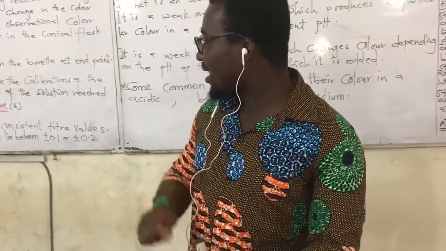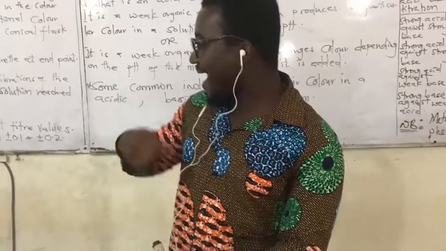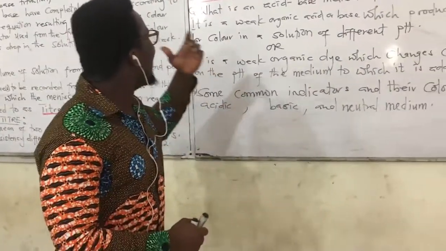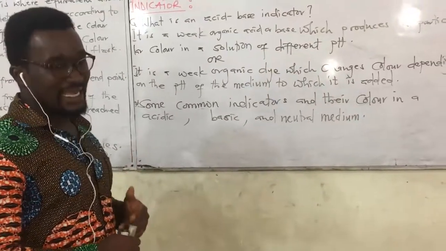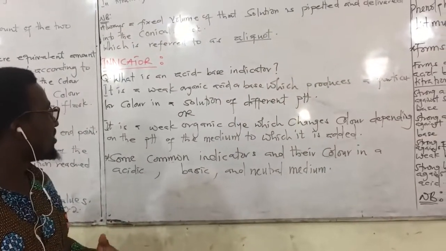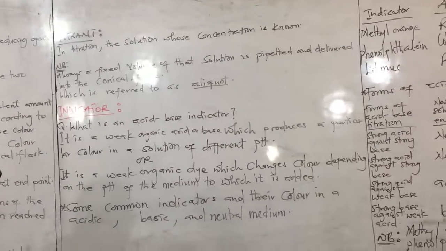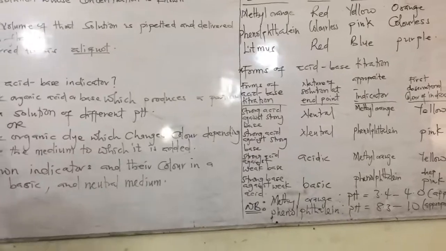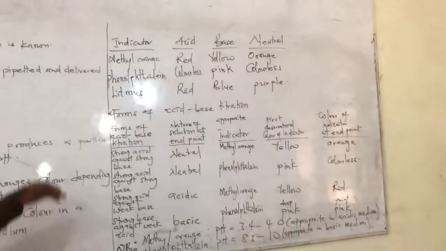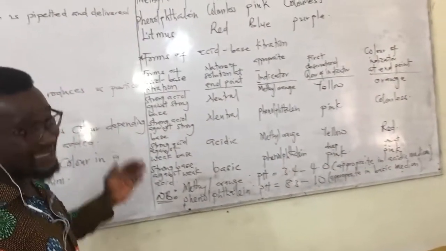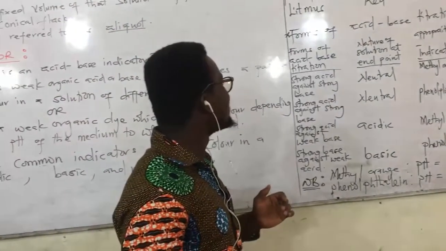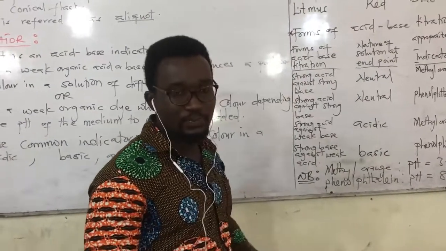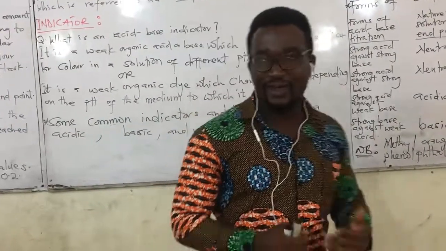We have also looked at titre value, titre, average titre, titrant, and then also we have looked at indicators, basically acid-base indicators. We have looked at the various definitions for acid-base indicators, and then we have also looked at the table that was designed for the acid-base indicators nicely. So we have table 1 and then table 2.